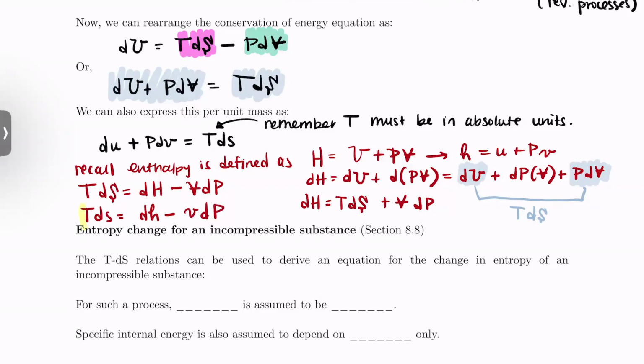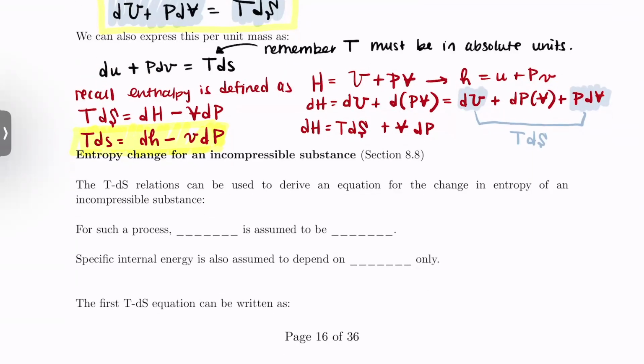All right. So we have two versions of how to express temperature times the differential change of entropy, right? We can write it in terms of internal energy, or we can write it in terms of enthalpy. Okay. All right, so I've tried to put the orange boxes around the important equations here.